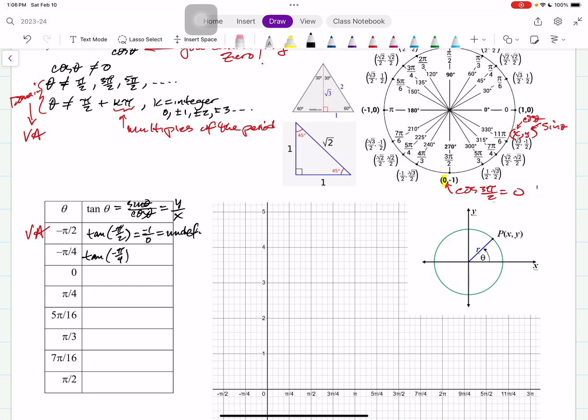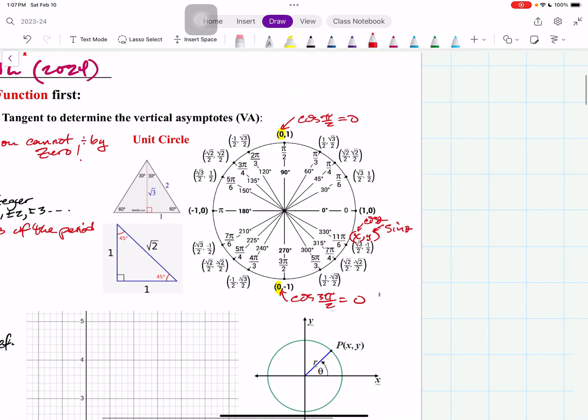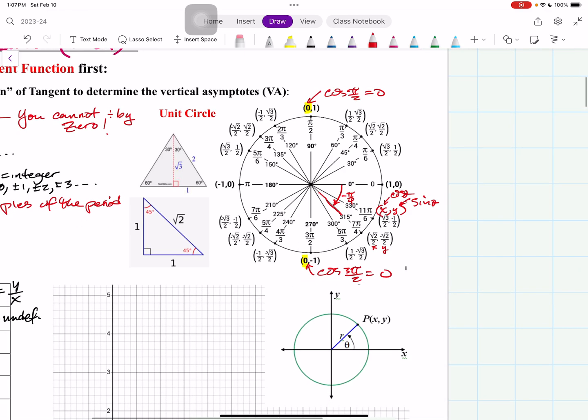Now the next point here, we take tangent of negative pi fourths. That also is a clockwise rotation. And as you guys know, if you take a look here, negative pi fourths is a clockwise rotation. And guess what? That's coterminal with this angle, 7 pi fourths. All right, and if you take y divided by x right here, which is your tangent ratio, you get negative root 2 over 2 over root 2 over 2, you get negative 1, okay?